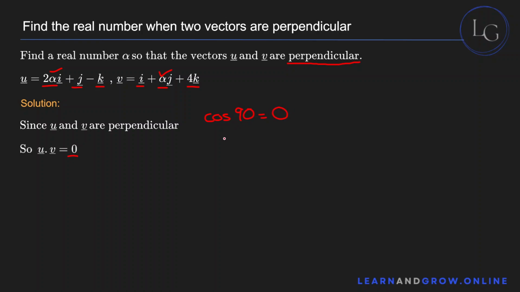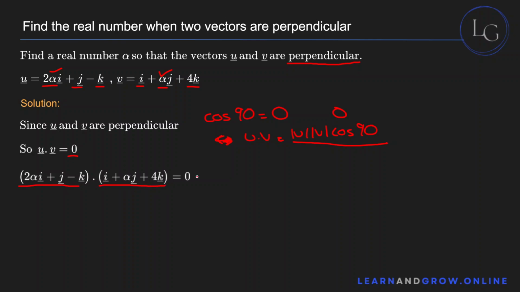And since u dot v is equal to the magnitude of u times the magnitude of v and the cosine of the angle between them, which is 90, that means this entire term becomes 0. So now you can just take the dot product of u and v and equate it to 0.